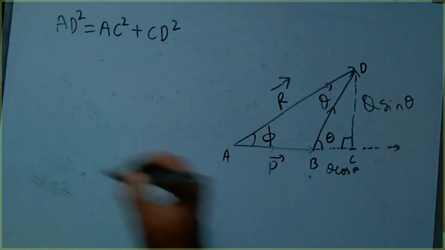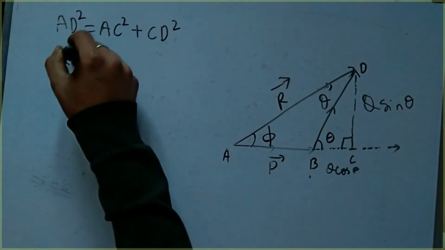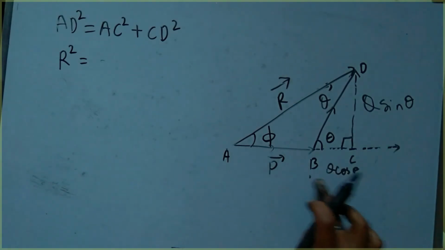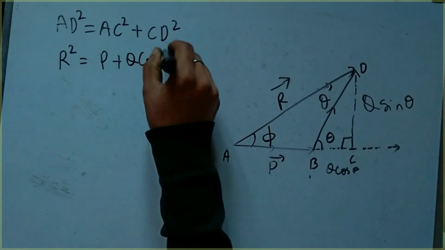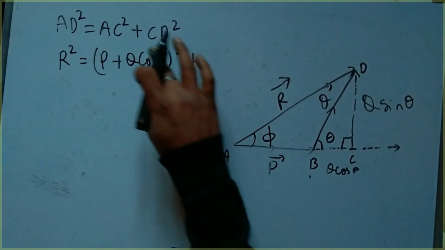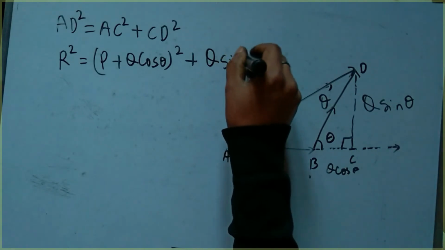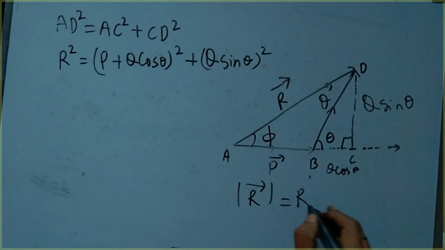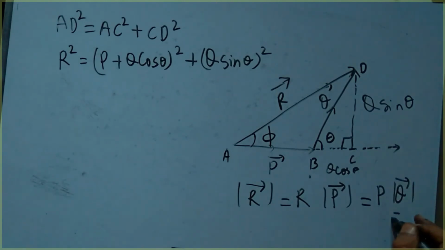AD is the resultant, that is R, so we take the magnitude. R square is equal to AC, which is AB plus BC, that is P plus Q cos theta, whole square, plus CD, that is Q sin theta, square, where resultant magnitude is represented by R, P magnitude is represented by P, and Q magnitude is represented by Q itself.